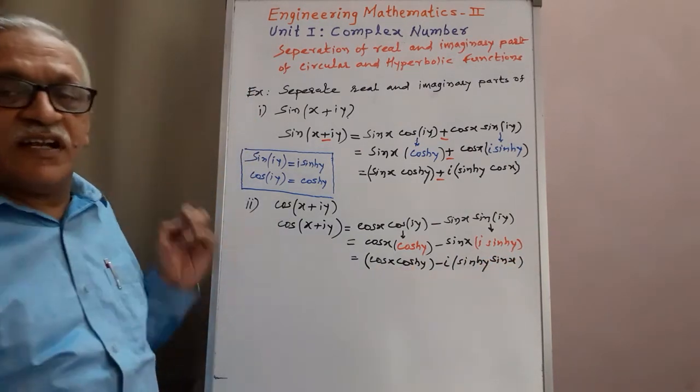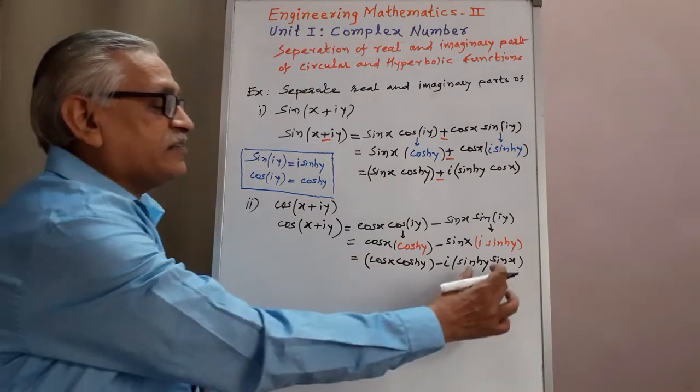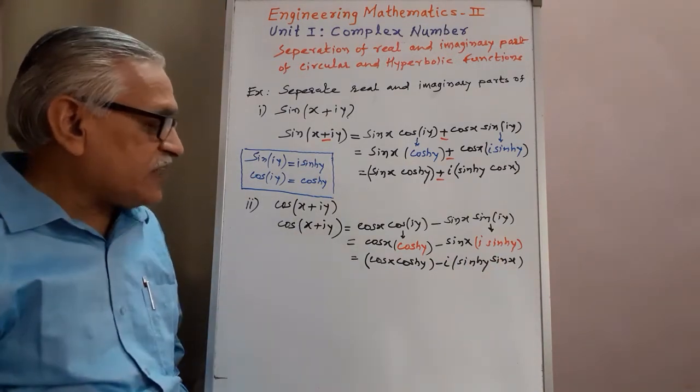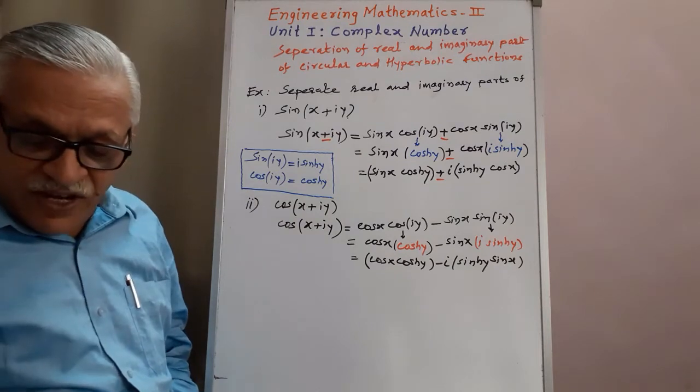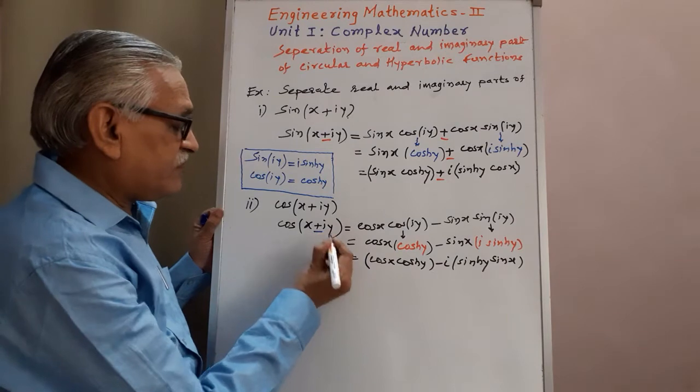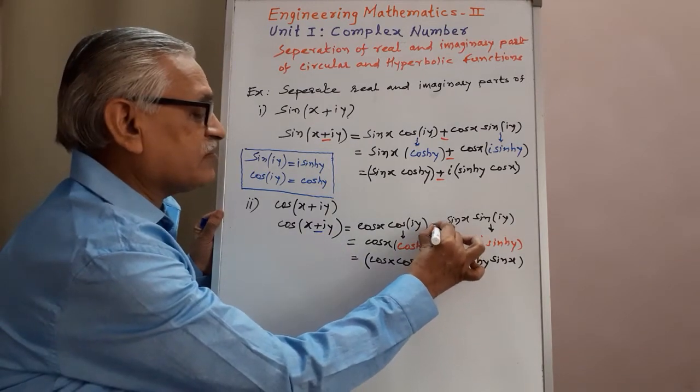Therefore the first term is the real part and the second term is the imaginary part of that function cos of x plus iy. And when we have a minus here, we get plus.